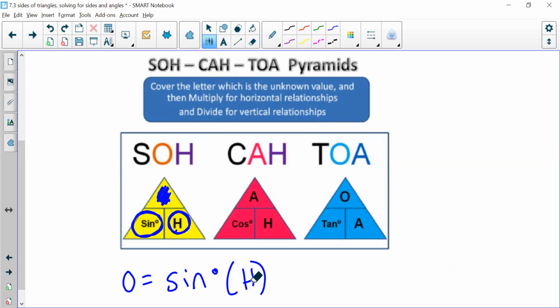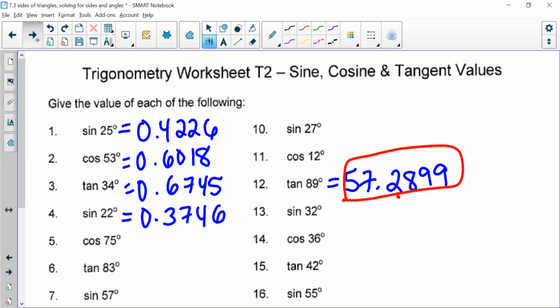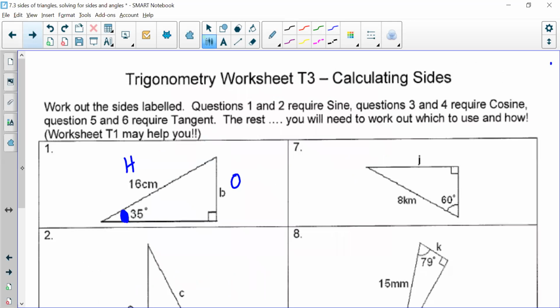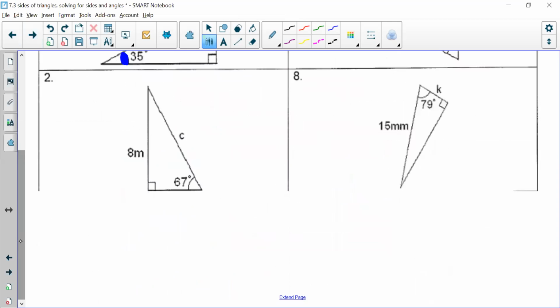Any questions on how I just did that with my formula triangle? Okay, so I'm going to write down O equals sine of my angle times my hypotenuse. I'm going to put my work for number 1 down here, guys, because my pen is too big for writing in that little box.